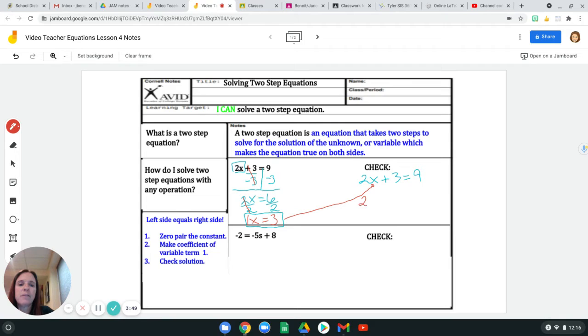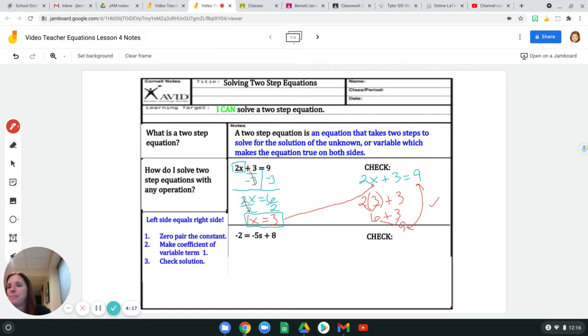So I'm going to rewrite this as 2 times 3 plus 3. And then I'm going to do my PEMDAS math. Follow order of operations. 2 times 3, 6. Multiplication first. And then addition. 6 plus 3 is 9. Look at that. All that work on the left side is the same as the value on the right side. We found the solution.